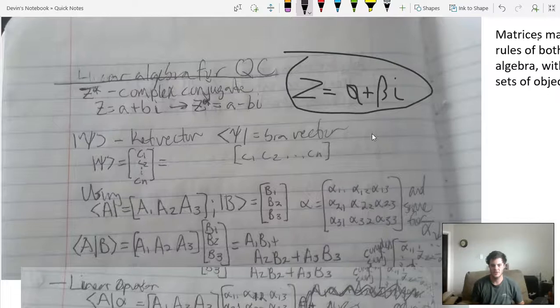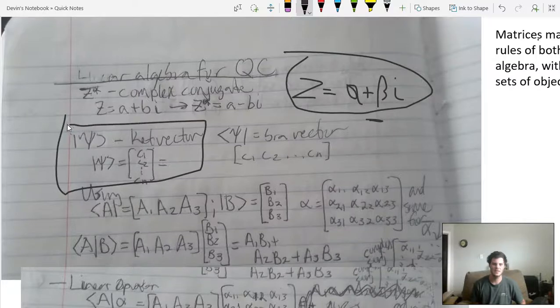So there's not really much to see here, except now you have this idea of a complex conjugate. So you take the a minus bi, carry all this down, and when you multiply those two together, they always form real numbers. That's the neat thing about them. So you have this idea of ket vectors. This psi ket right here is an array of complex numbers.